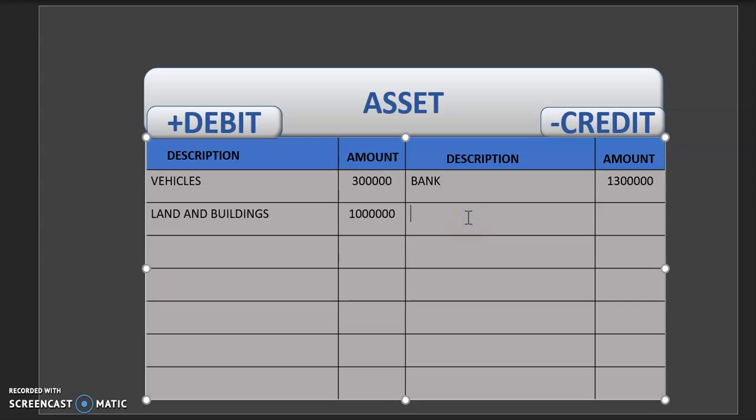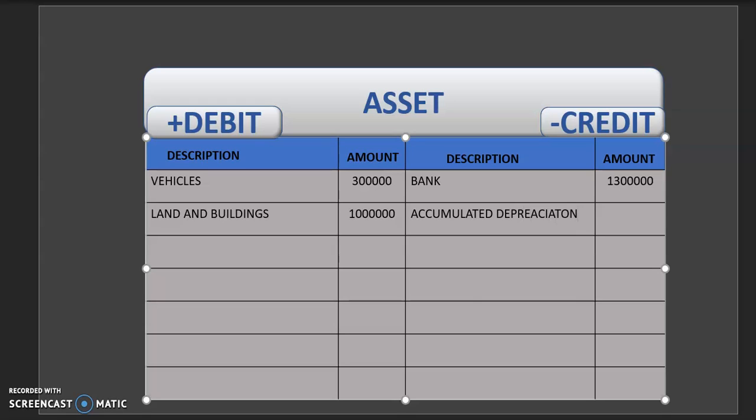So just to add here, if we were to add more assets, or transactions that would actually be negative to our assets, that would be accumulated depreciation.